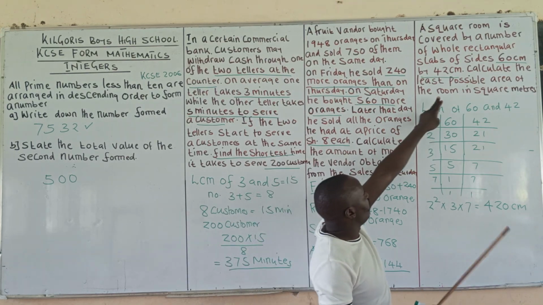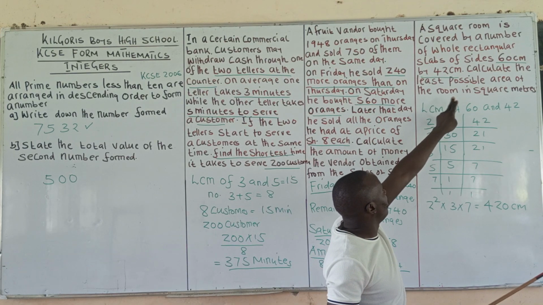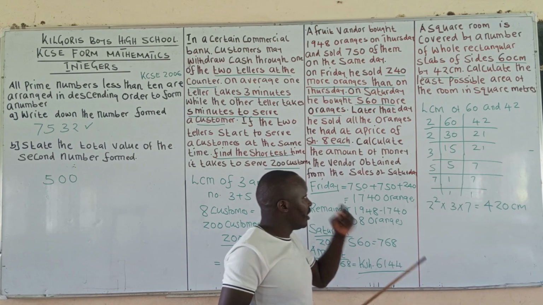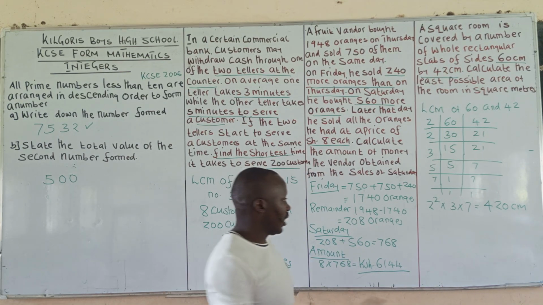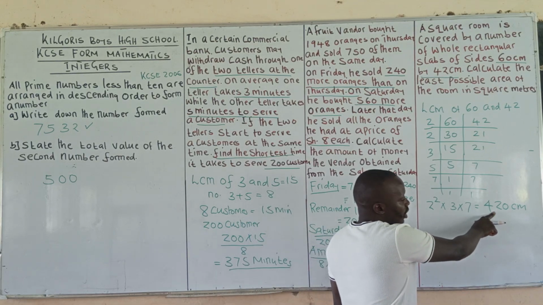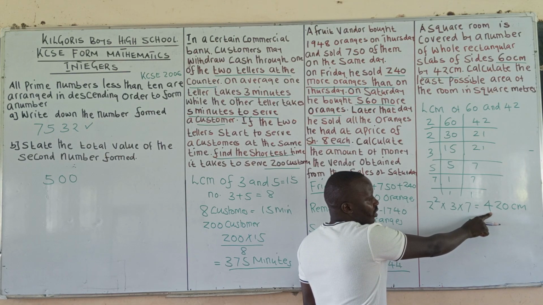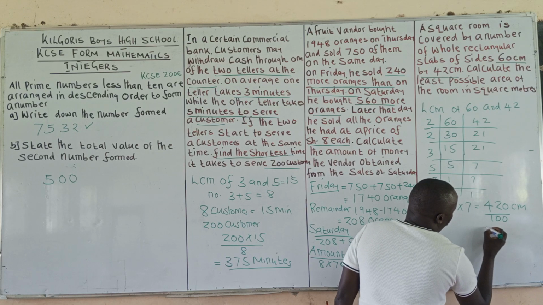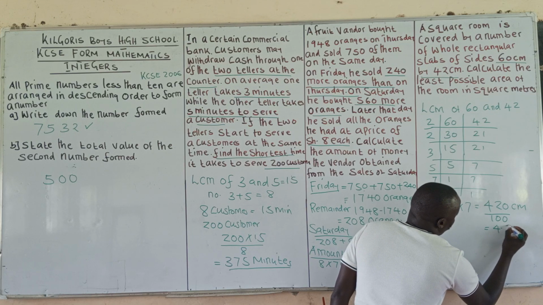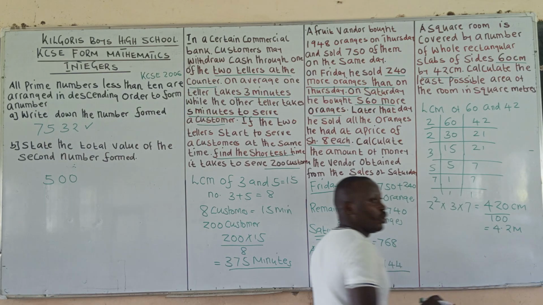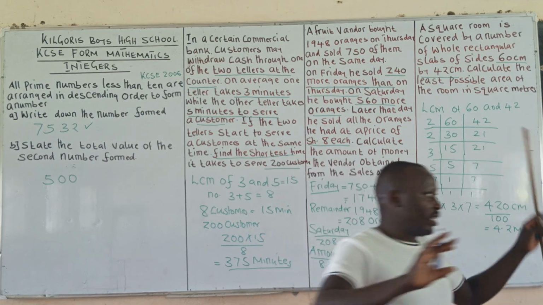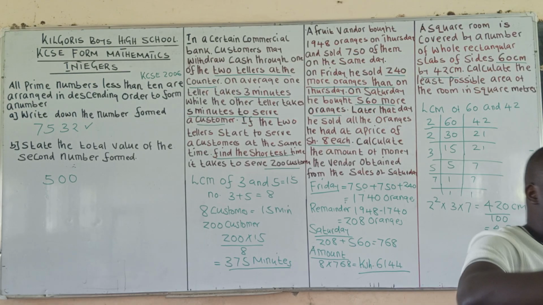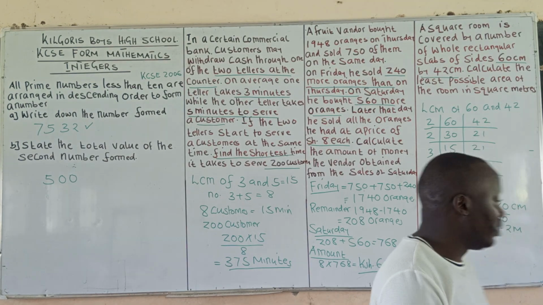So we need to calculate the least possible area, the smallest area of the room in square meters. So you can convert this 420 centimeters into meters by dividing by 100, and this is giving us 4.2 meters. So one side of this room is measured by 4.2 meters by 4.2 meters.